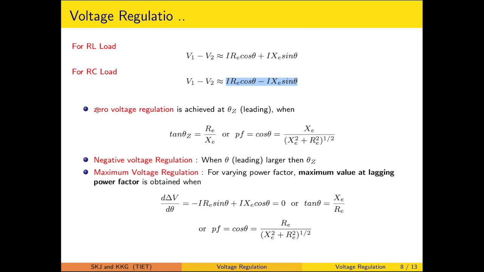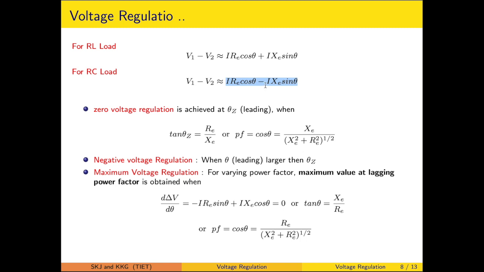Correspondingly, zero voltage regulation is achieved for the RC or the leading power factor load when we make this expression equal to 0. So tan theta is coming out to be RE upon XE, and the power factor, or the cosine of theta, is obtained by the right angle triangle property, or you can say the impedance angle pertaining to the transformer winding.